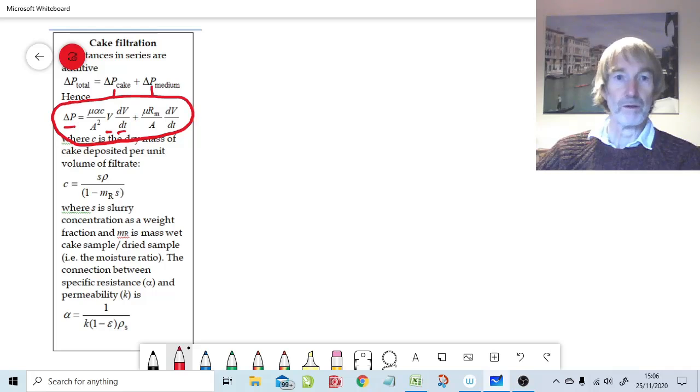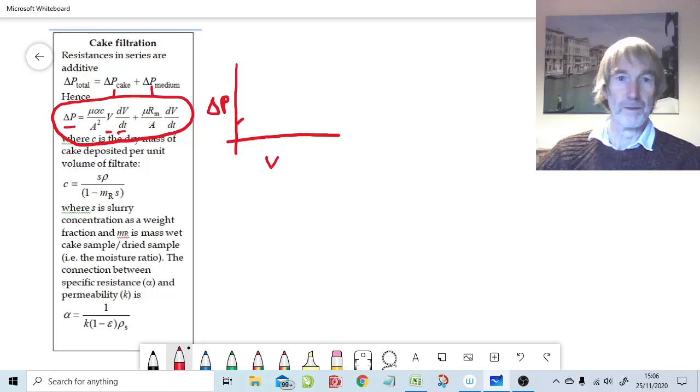So what does that look like then in terms of a plot? Okay, well, in terms of the equation, what we're expecting to see is delta P increasing as a function of volume from some intercept, and that should be a straight line.